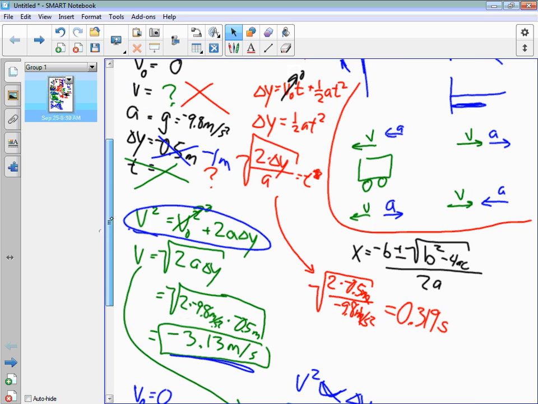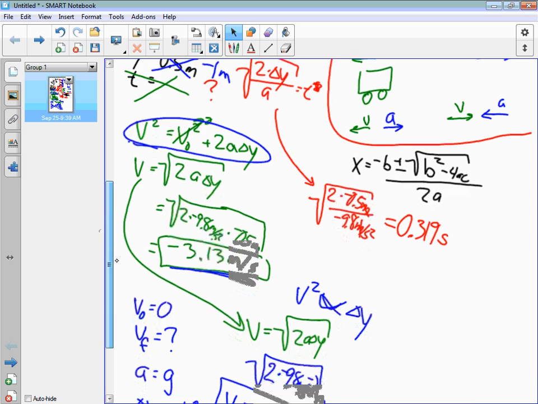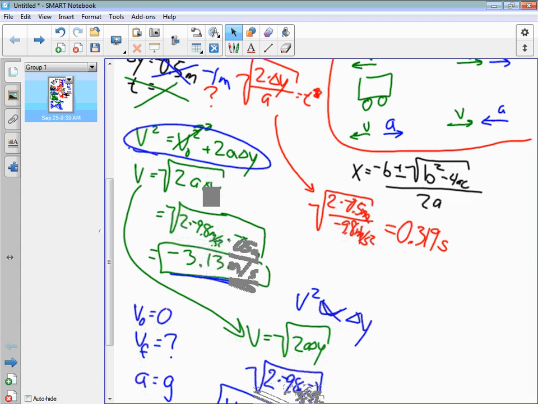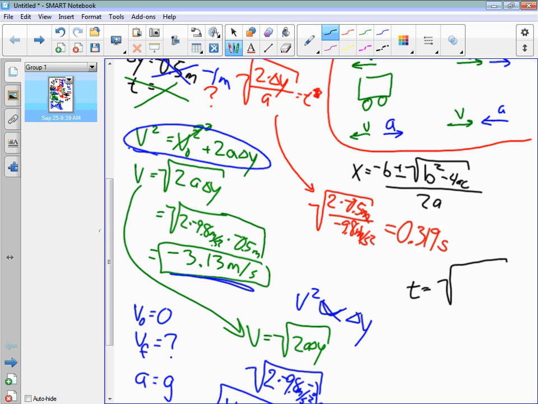If we actually solve for it, t equals the square root of 2 delta y over a. It's the exact same equation as before.